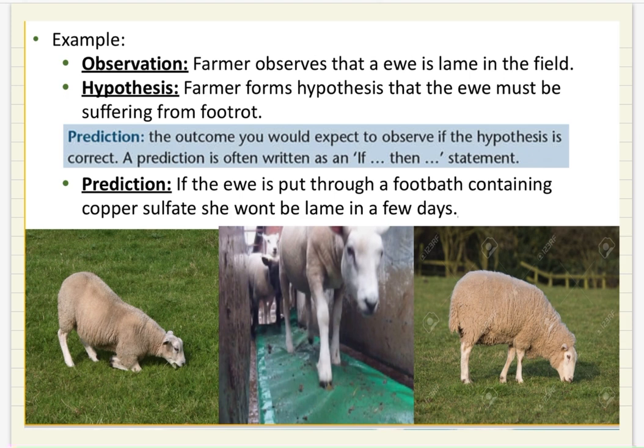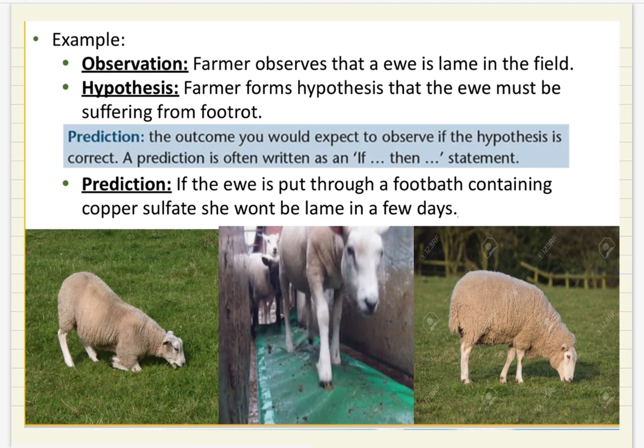So again, our educated guess here is our hypothesis. From looking at the ewe lame in the field, we can guess that the ewe has foot rot. If we walk our ewe through a footbath that contains copper sulfate, in a few days' time, hopefully our prediction is that she won't be lame anymore. However, if the ewe continues to be lame, then our hypothesis has been wrong.